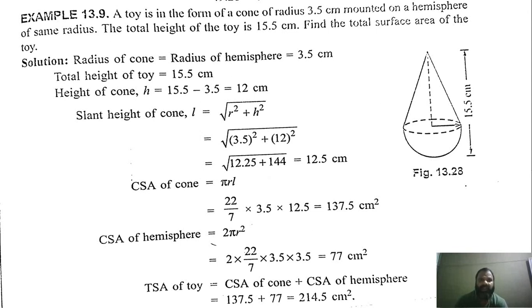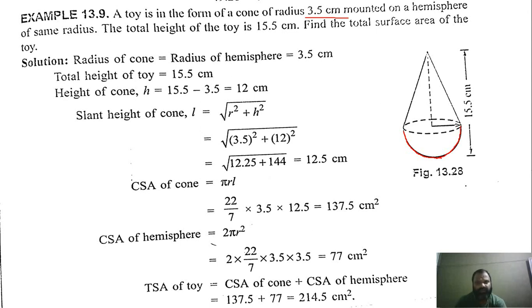A toy is in the form of a cone of radius 3.5 centimeter mounted. Okay, this is a cone mounted on a hemisphere. Hemisphere, this. Clear?